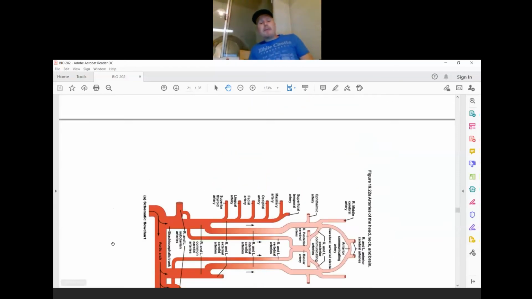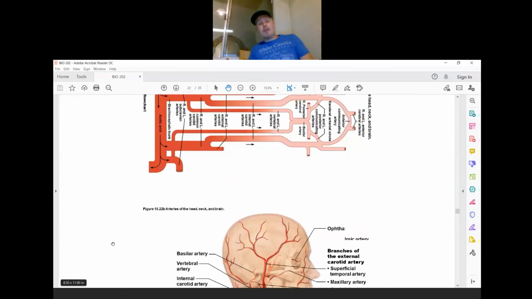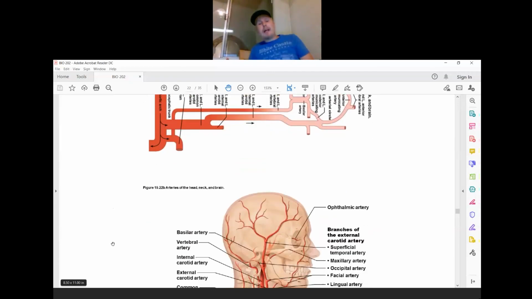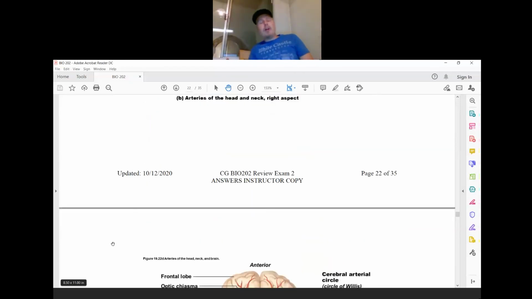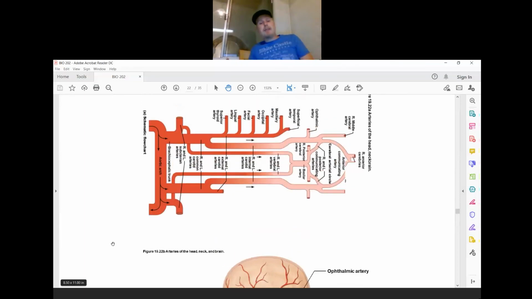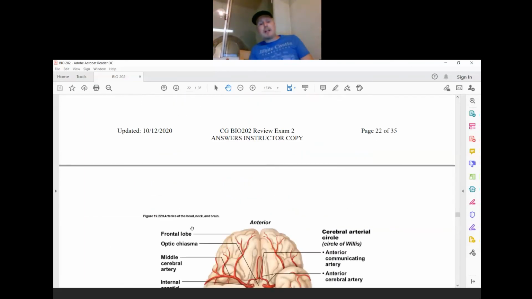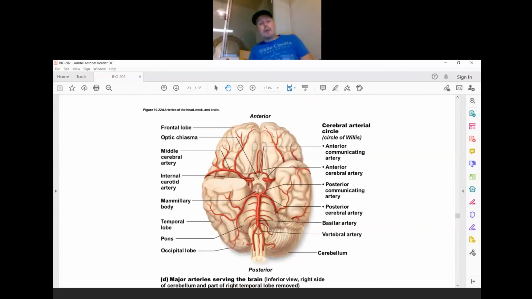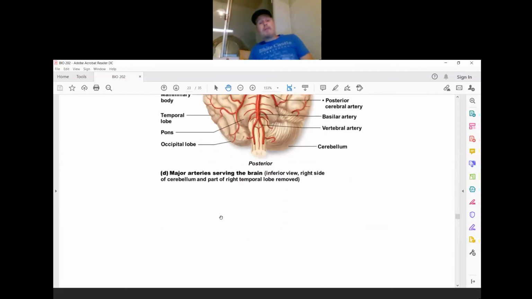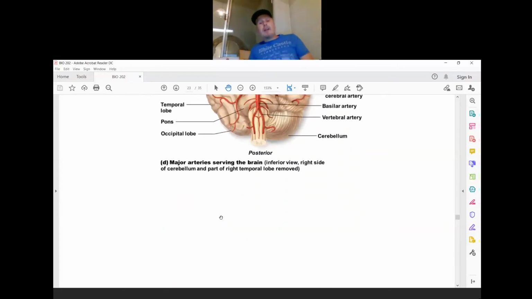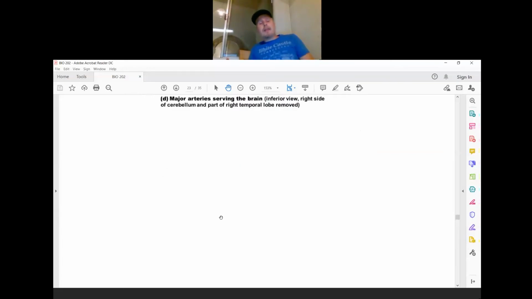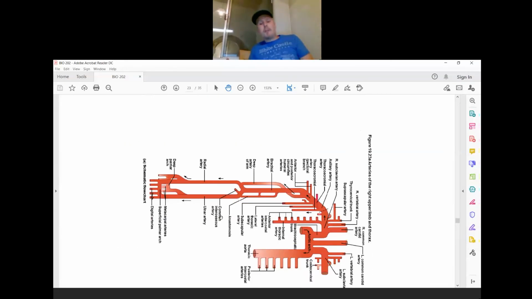And then I have different special circulations. So for example, circulation to the brain and head in general, both as a schematic diagram here and as more of an anatomically accurate diagram. Circulation of the brain also here, looking from the inferior side, looking from down towards the top.